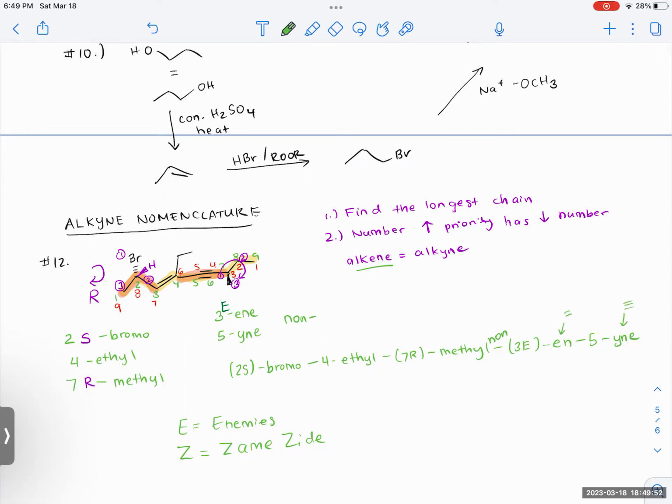I'm pretty sure it's because of the alphabet. So even though we stick this at the end, E comes before Y. So EN will always be attached to the double bond. It means double bond.